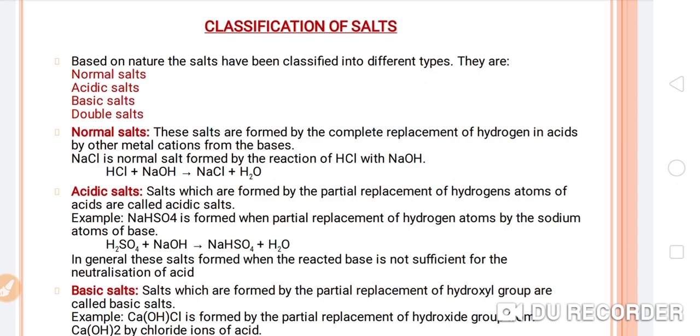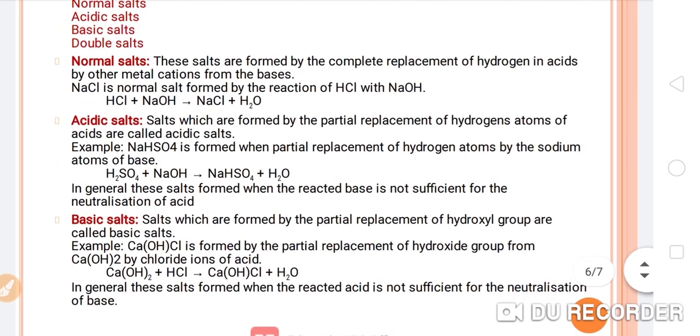Now second, acidic salts, very important. Salts which are formed by the partial replacement of hydrogen atoms of acids, like sulfuric acid or carbonic acid. When the partial replacement of the hydrogen takes place, these are called acidic salts.